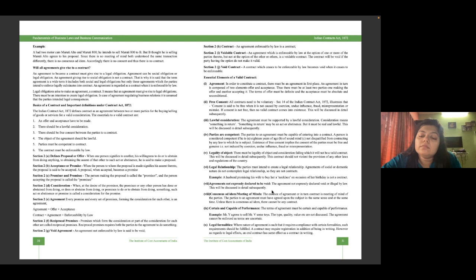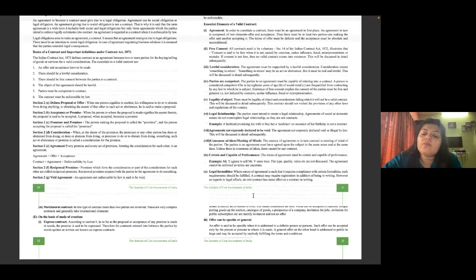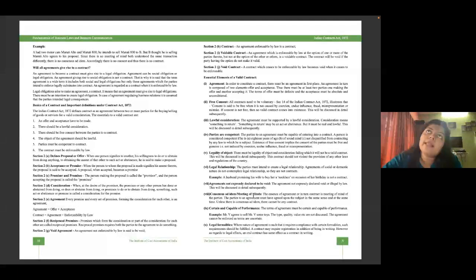Now, when we are talking about what exactly we mean by certain and capable of performance, we talk about the fact that the parties are competent to perform, as well as the fact that the object of the contract is performable. And the legal formalities talk about all the compliances of the formalities which have been mentioned within the particular agreement.